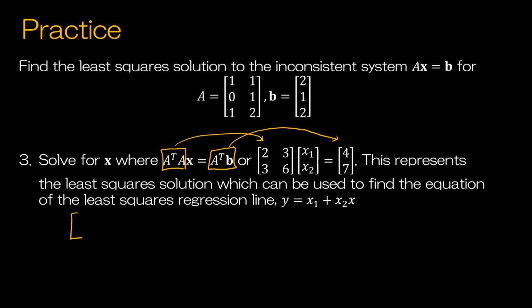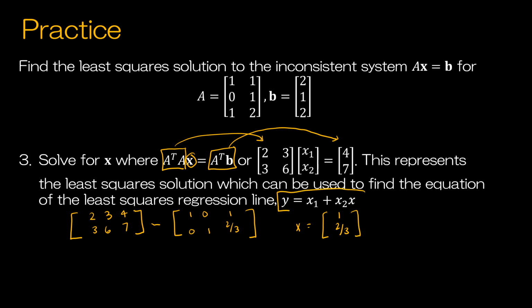Just as we have since we first learned how to do this, we're going to set this up as an augmented matrix and do our row operations, and I'm just going to abbreviate them all the way down to reduced row echelon form. We end up with 1, 2/3. What this tells us is that x is equal to 1, 2/3, and those values are coefficients in our least squares regression line.